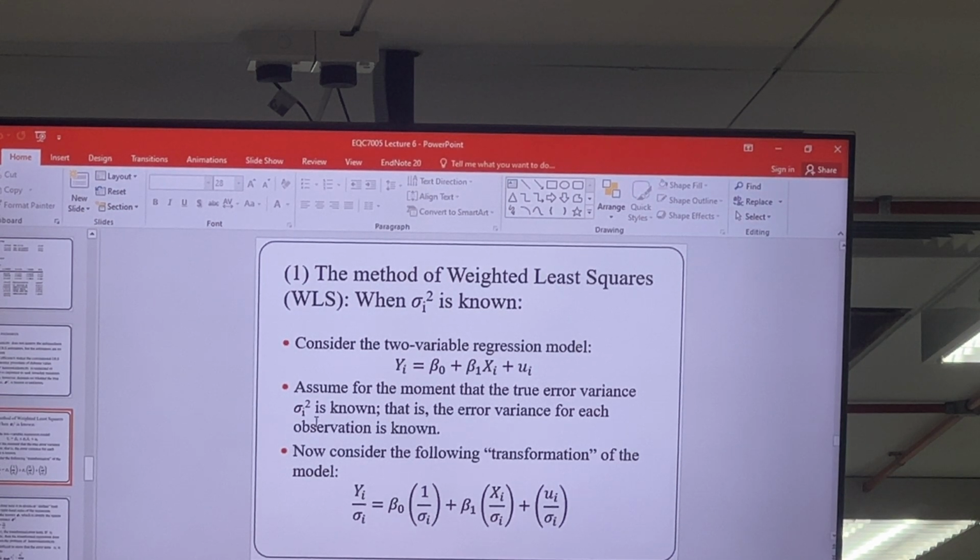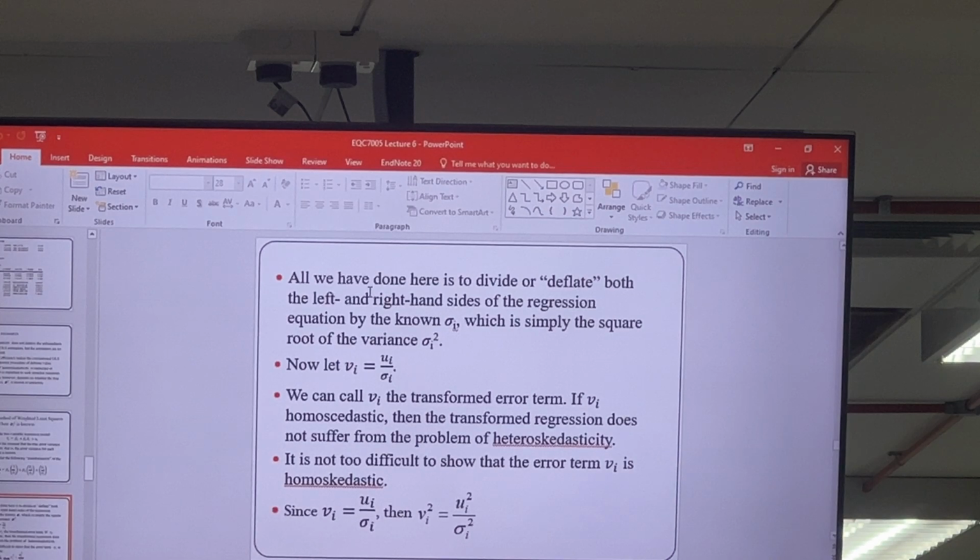So if the value of the error variance is known, then we divide the whole equation by the standard deviation, the standard error. All we have done here is to divide or deflate both the left and right hand side of the regression equation by sigma i, which is simply the square root of the variance.